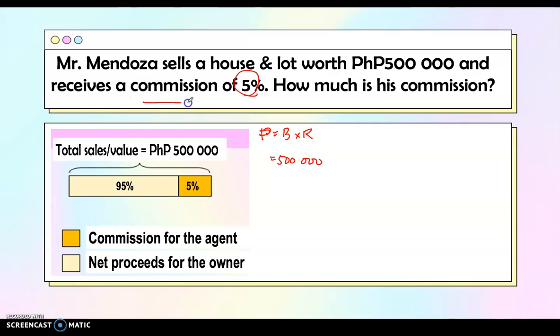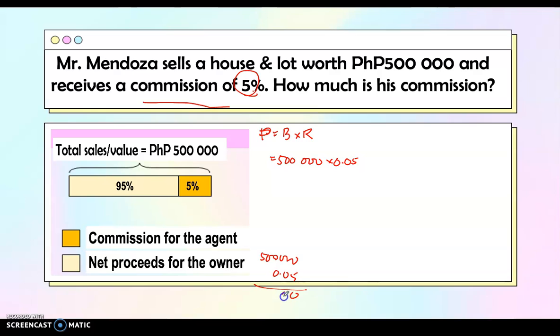That's the commission rate. So if it's 5%, we need to change it to a decimal number by moving the decimal point 2 places to the left, 1, 2. Then our decimal is now 0.05. Then remove the percent symbol. Now we multiply 500,000 times 0.05.